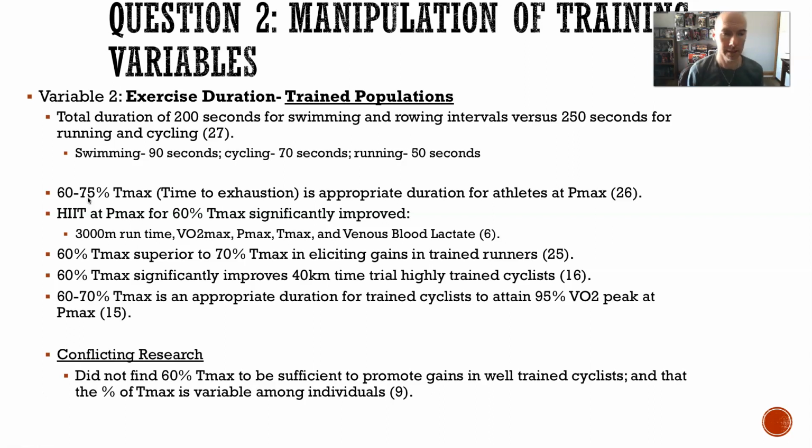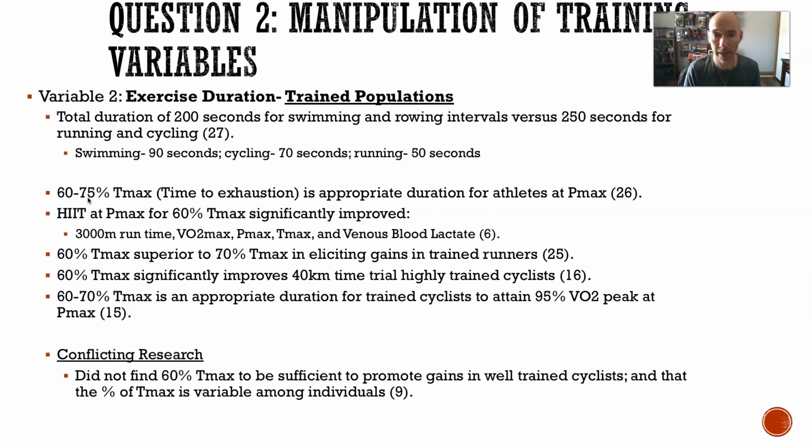So to put that into context, if it takes me 2 minutes of all-out running to be exhausted, 75% of that time would be 90 seconds. Okay, so 60% of that time would be what? About 75 seconds.